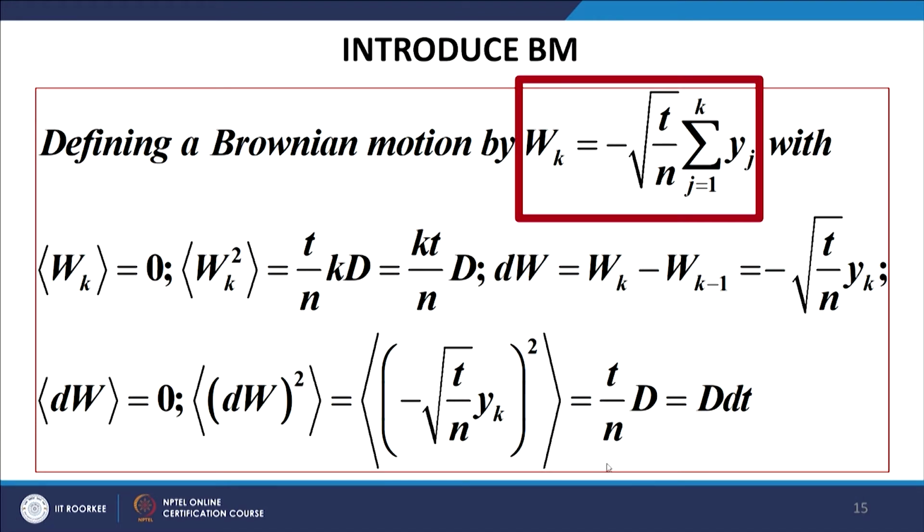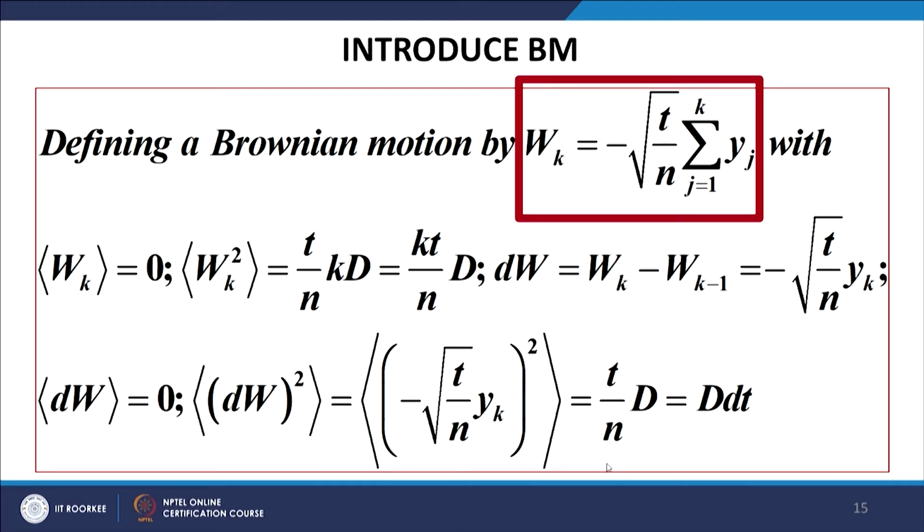Now, to analyze the situation further, we introduce the concept of Brownian motion. We introduce it in the form given in the red box: Wk is equal to minus under root t upon n times the summation of these Gaussian variables. The summation of these Gaussian variables represents Brownian motion. That is quite well known; we have discussed it in an earlier lecture as well.